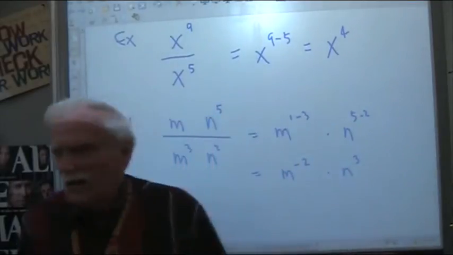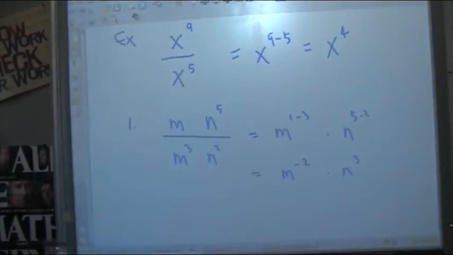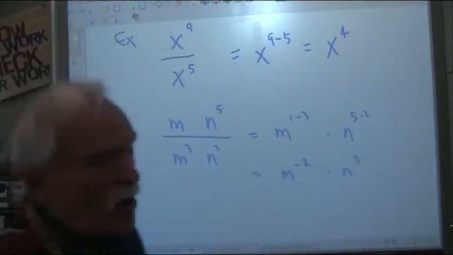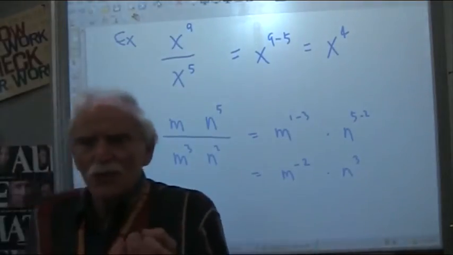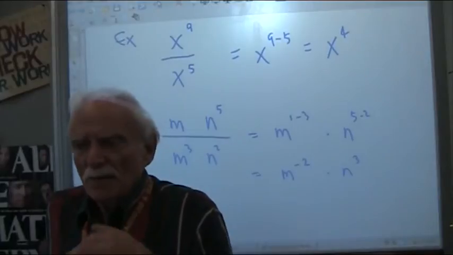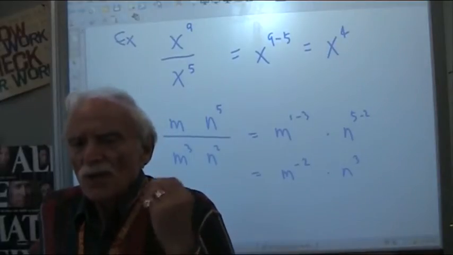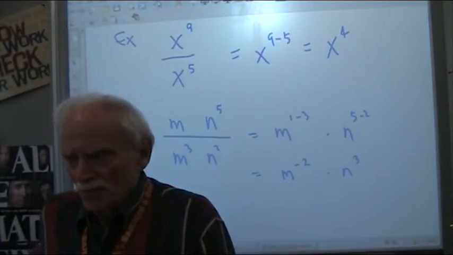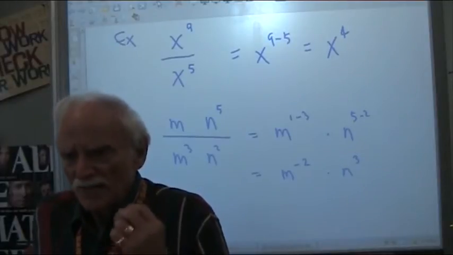Now, this is answering your question, Allie, about the confusion that Mr. Nystrom talked about. There's also that same similar confusion in the textbook. So you'll follow my way because you'll avoid confusion that way. You are always requested to come up in your final answer with positive exponents. No negative exponents.